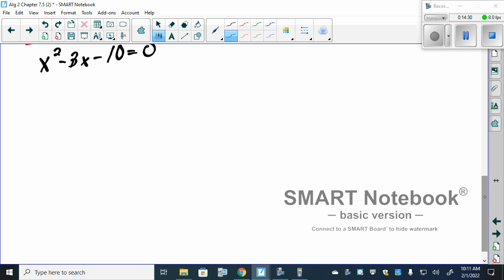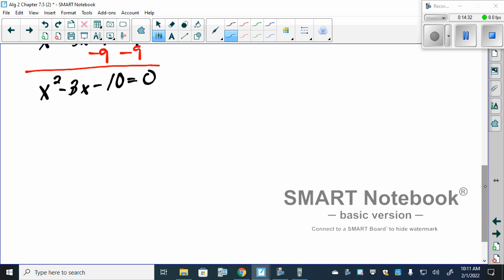Do we want to factor this or solve it by factoring or the quadratic formula? Factoring, because I think y'all feel very comfortable at this point with factoring. So 2 sets of parentheses with our 3 spaces. Now since the third term, our 10, is negative, our signs would be opposite.